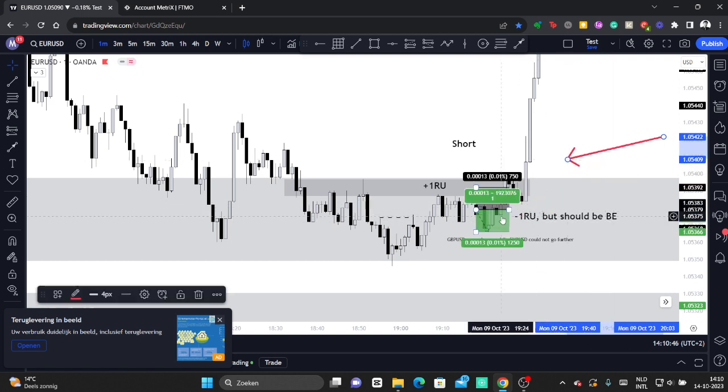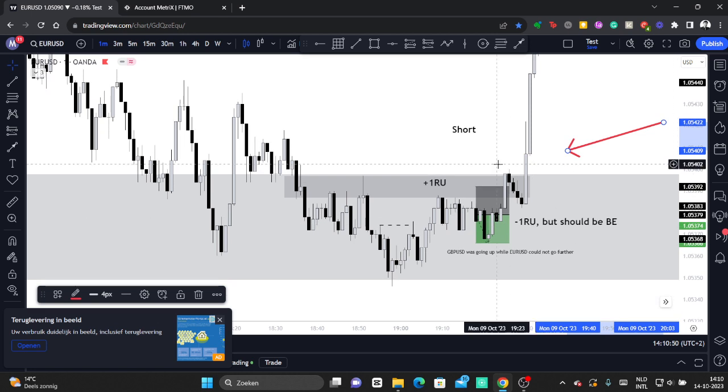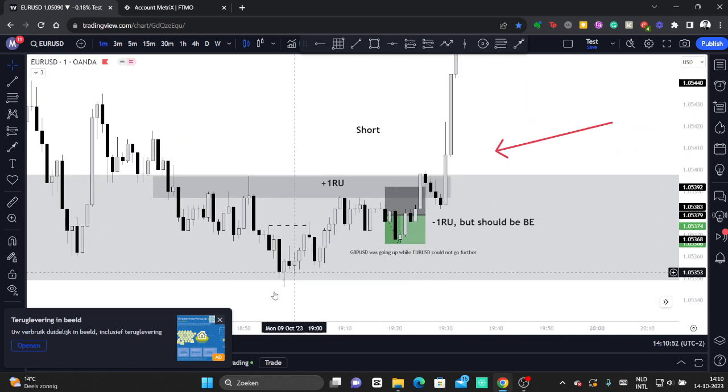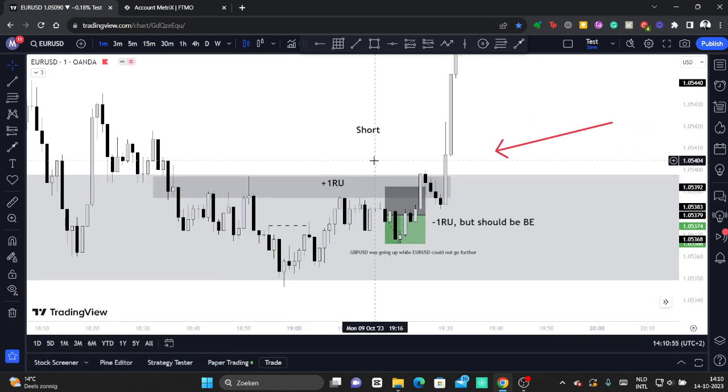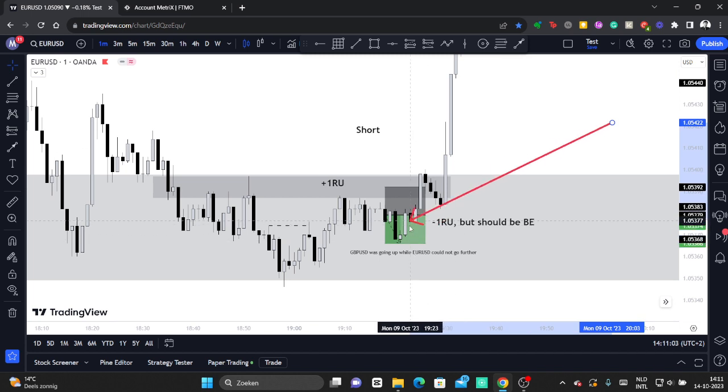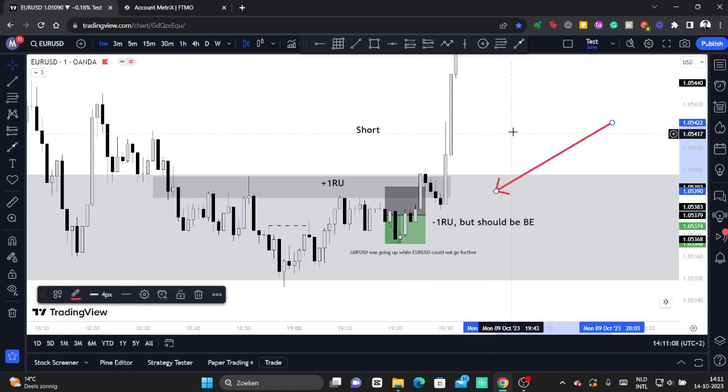Because as you can see, it hit my 1-to-1, but unfortunately on the FTMO, I have a tool that automatically moves my stop loss to break even if it hits 1-to-1, which did not work. So basically, I should have been break even out of this trade, but it did not work, and I had to do that manually.